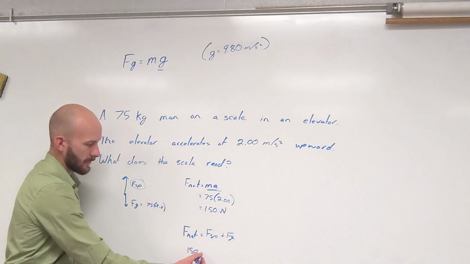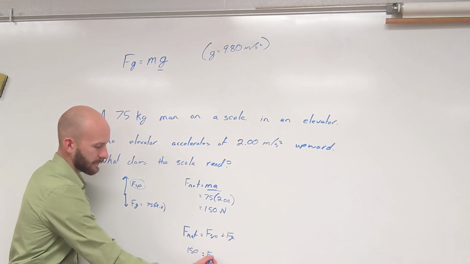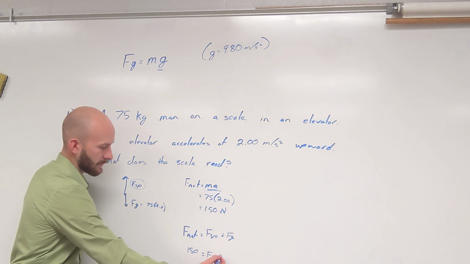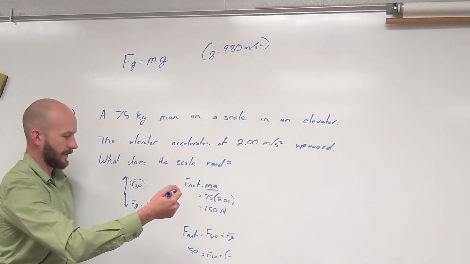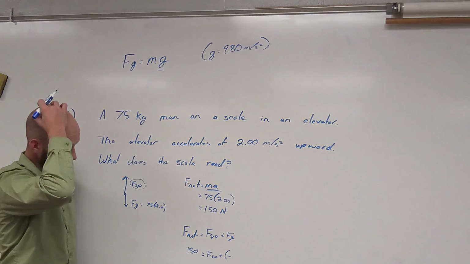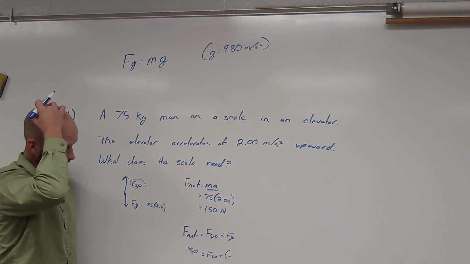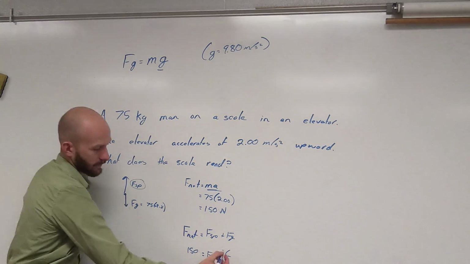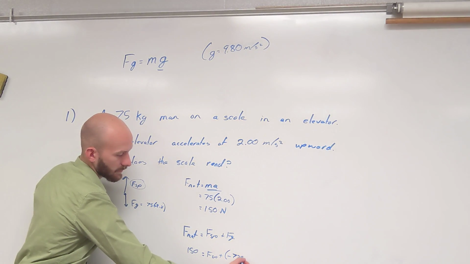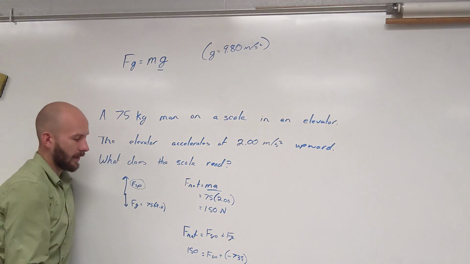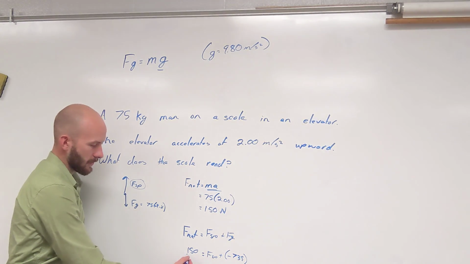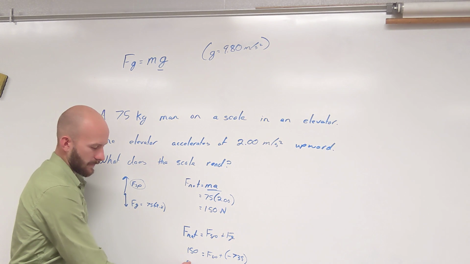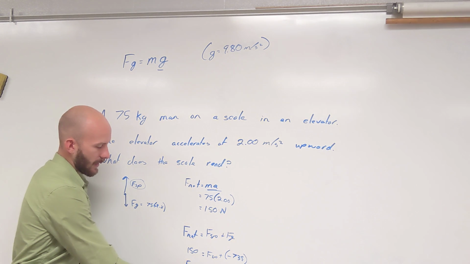It's probably the best way to do that. And then that would be negative 735. Yeah, and then you would just add it over, which would get you 885.